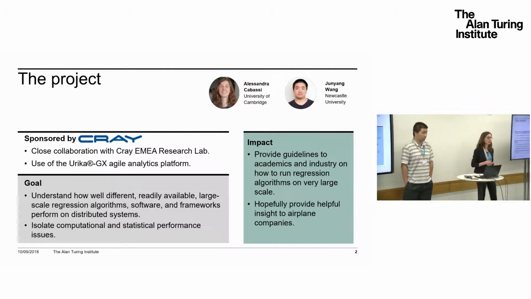We also analyzed a dataset containing the information about all the flight delays in the US from 1987 to 2008. So this is a good example on how to do linear regression in large settings, but it can also help airplane companies understand why delays happen and which are the variables that influence them most.